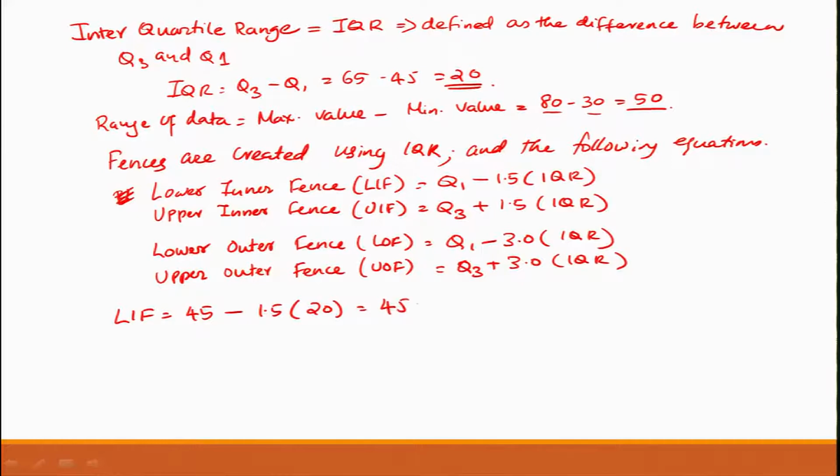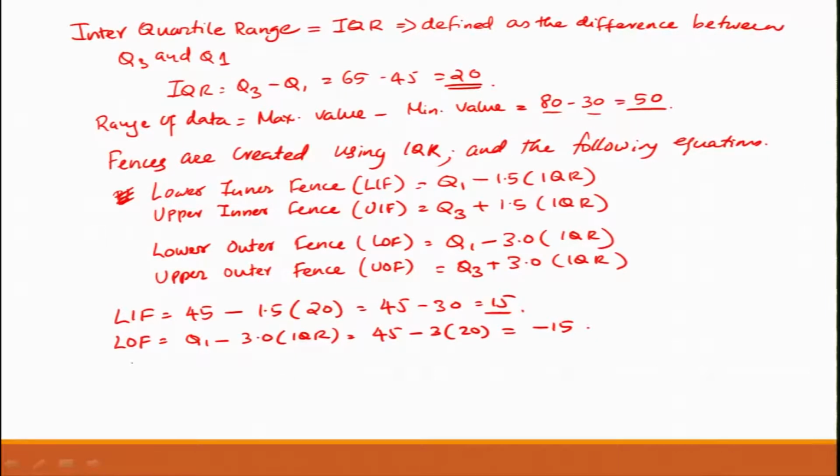So, 45 minus 30 gives you 15. Then the lower outer fence is again Q1 minus 3 times IQR, which is 45 minus 3 times 20, which gives us minus 15.